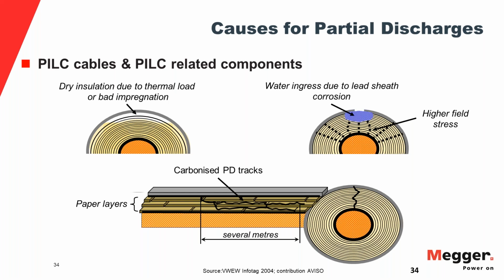I had a little picture of that before, where you saw the paper and all the tracking there and the treeing. You can have multiple other problems with the PILC cables: water intrusion, lead corrosion, all of that. That's one reason why tan delta is not such a great test for PILC cables, because you have additional aging mechanisms and not just the water treeing like in extruded cables.